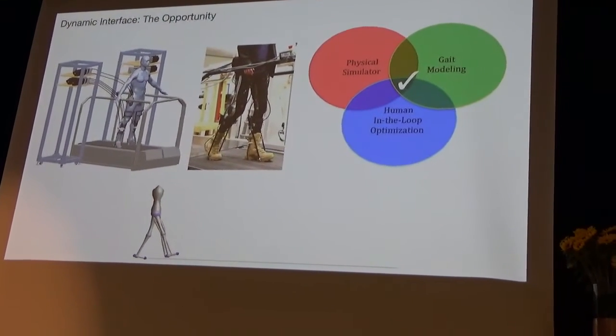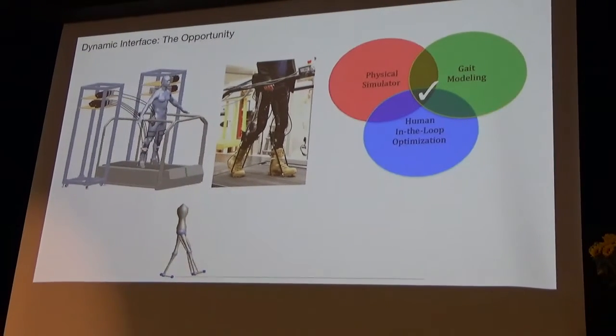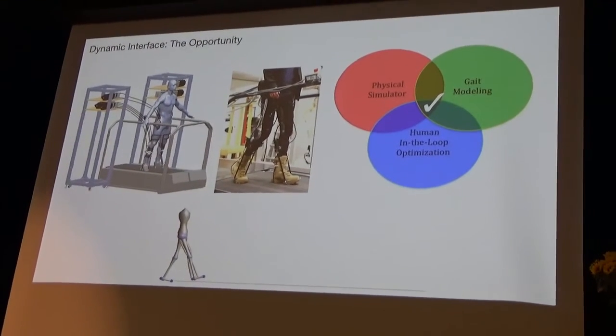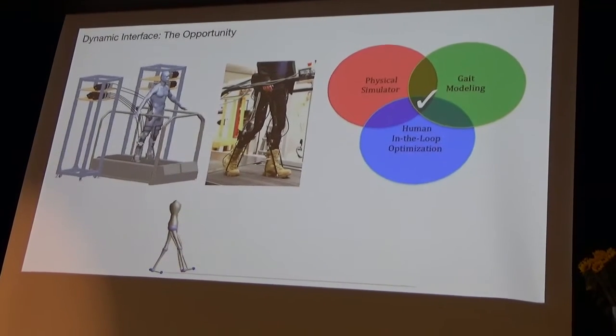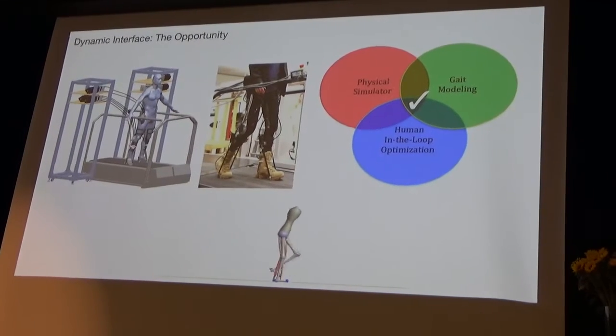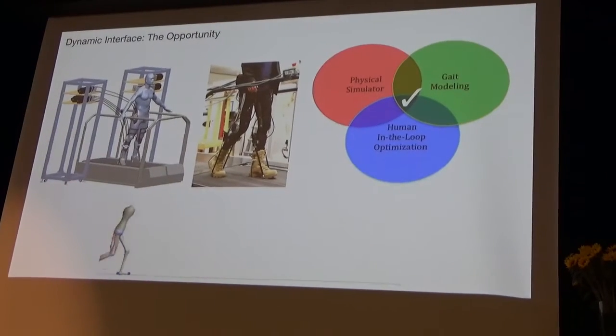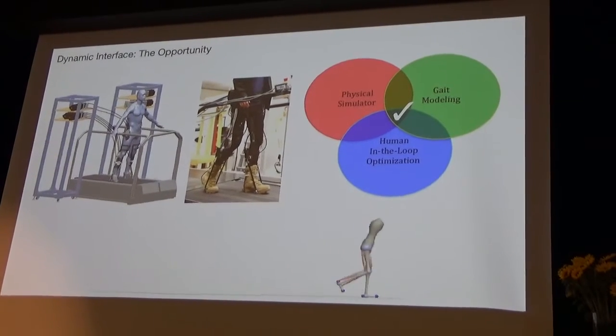In today's world, often people build an autonomous device, which takes years and millions of dollars, and then they find out their idea doesn't work, which has happened to me many, many times. So if we combine a physical simulator with gait modeling, such as the Geyer-Herr model, which is highly adaptive to train, and also human-in-the-loop optimization.